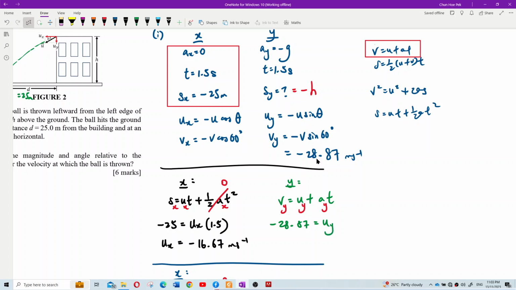I must find it. ay I know is negative g, negative 9.81. Time taken is 1.5. So I got my uy.